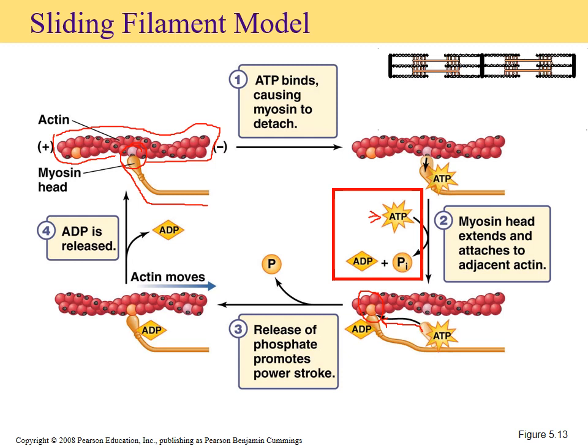And once it finds another binding site, it's going to do its power stroke. The power stroke basically means that it's going to cock the head back and it's going to allow the actin to slide. So before, the pink was over here, now the pink is all the way over here.